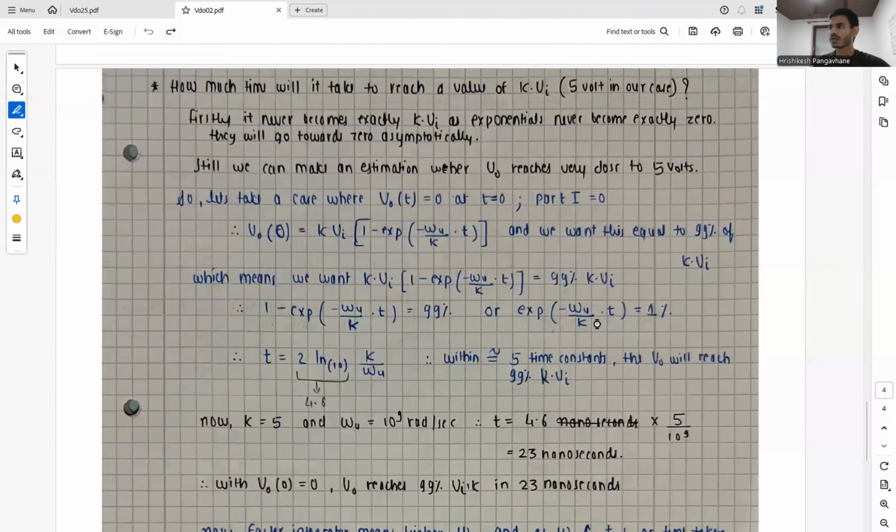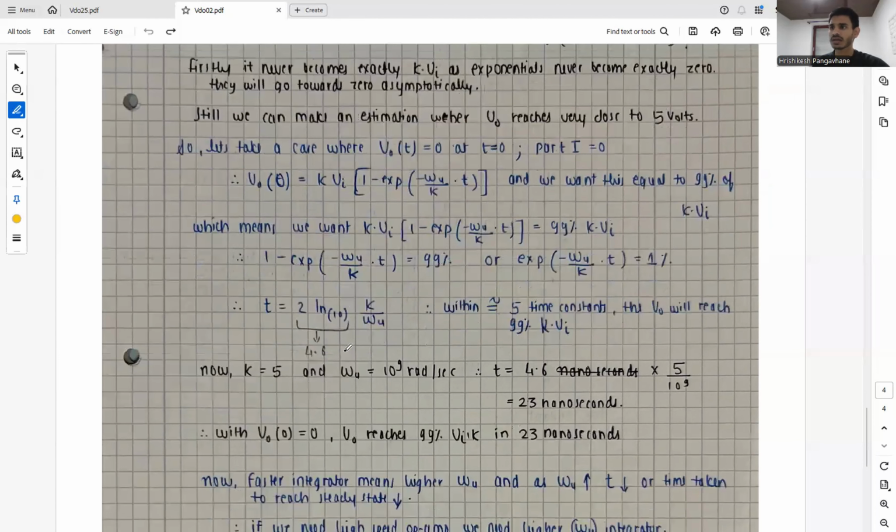Now when we put the values of omega and k, our t comes out to be 2 log to the base 10 of k by omega u, and 2 log base 10 is nothing but 4.6, and that's how we can say that nearly within 5 time constants v naught will reach 99% of k vi.